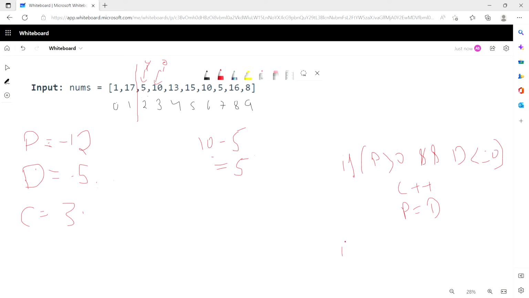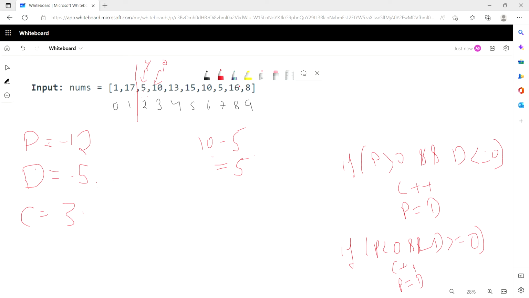So we have to write the condition for that also. Previous difference is less than 0, and current difference is greater than or equal to 0. So the count will get incremented, and the previous difference will become the current difference, because we have to use that previous value in the next iteration.